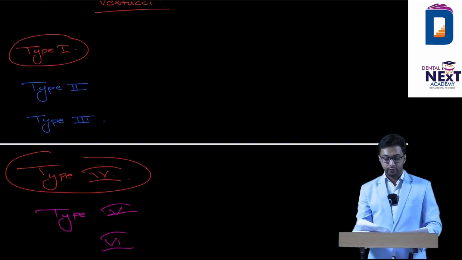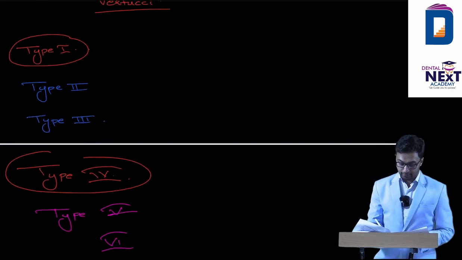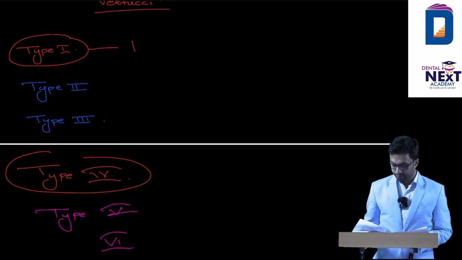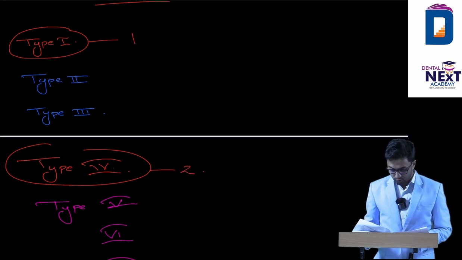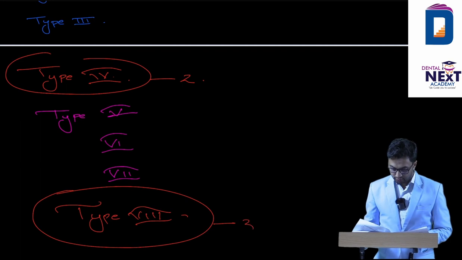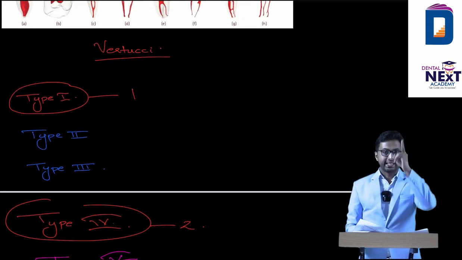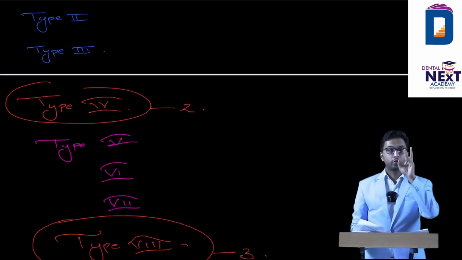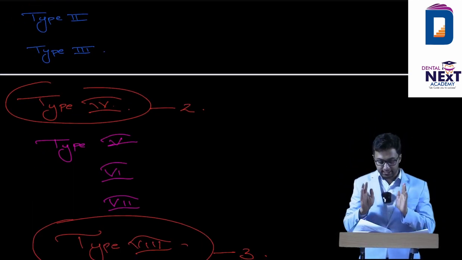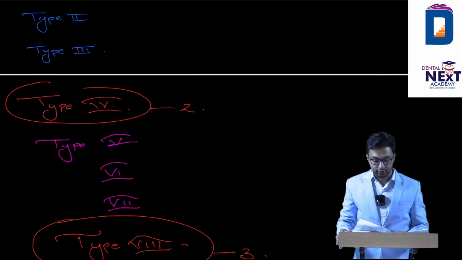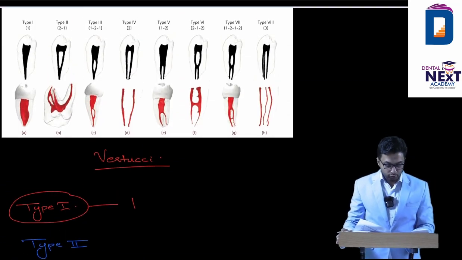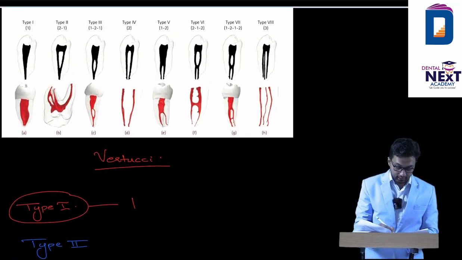Why? This is where you're going to write some numbers: 1, 2 and 3. What does it mean? Type 1 is 1 canal system. Type 4 is 2 canal system. Type 8 is 3 canal system. As you could see here, this is 1 canal system like this.